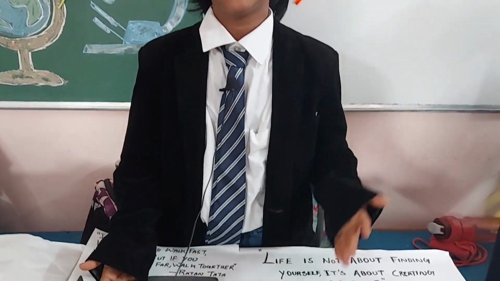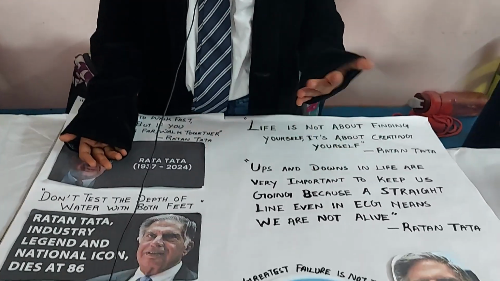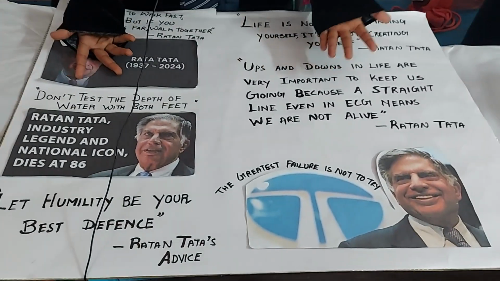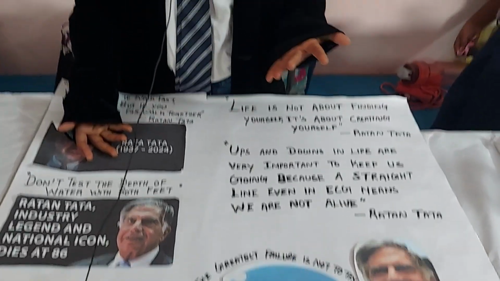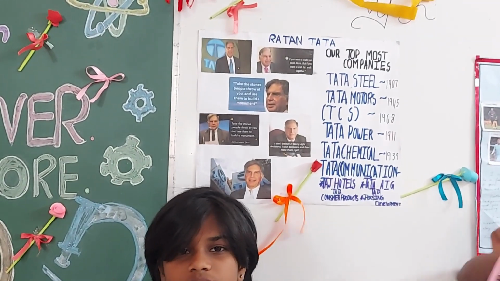My life began in Mumbai on December 28, 1937. My parents are Naval and Sooni Tata and my younger brother is Noel Tata. My childhood was very challenging because of my parents' separation. Despite this, I remained focused on education. After graduating from Cornell University with a degree in architecture and structural engineering, I worked in the US before joining the Tata Group in 1962.